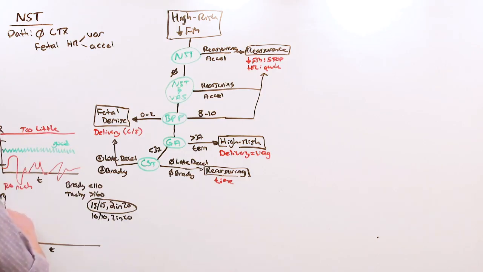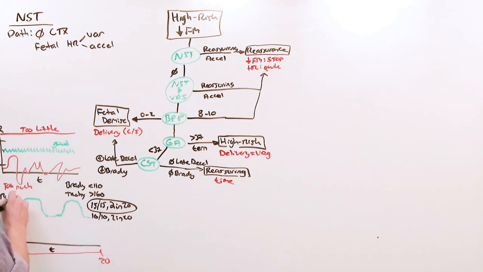It means we want to see good variability. But every once in a while, we want to see the heart rate rise for a certain amount of time. And we want to see this rise twice in 20 minutes. So in this time span, from 0 to 20, we want at least 2 of these attempts at acceleration.